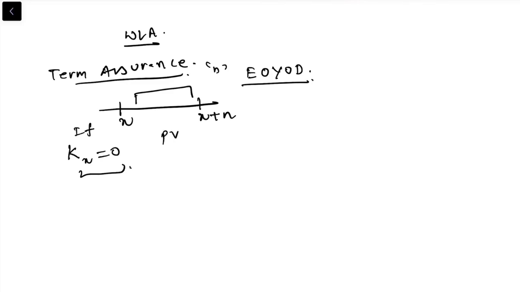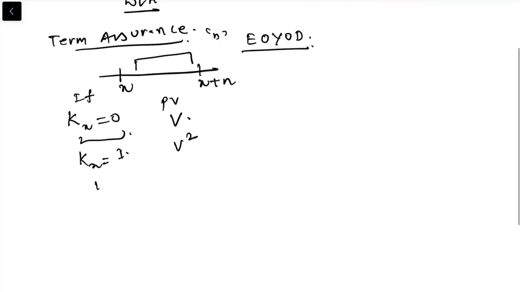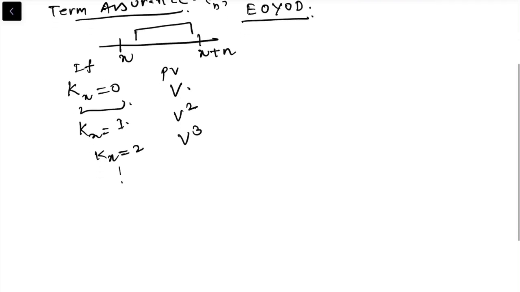So the present value is v, and if Kx equals 1, the present value is v squared. If Kx equals 2, present value is v cubed, and so on. If Kx equals k, then the present value is v^(k+1).